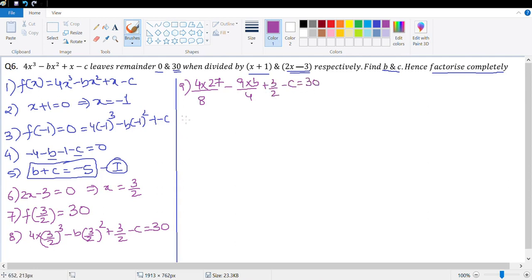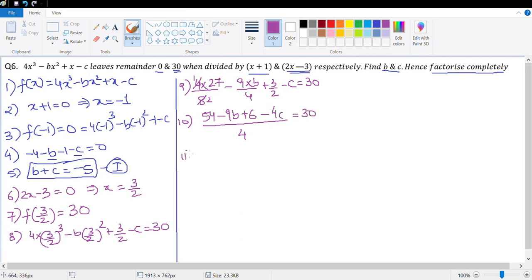Let's take the LCM. The LCM of 2, 4, 2 is 4. So I'll have to multiply 27 with 2. That gives me 54. This is negative 9b, I'll have to multiply this with 2, this gives me 6. And I'll have to multiply c with 4, that's negative 4c is equal to 30.